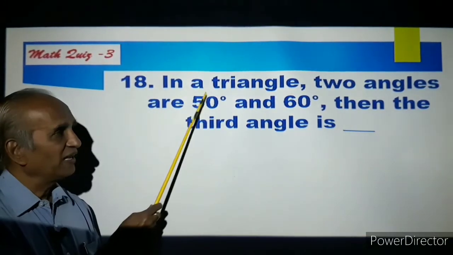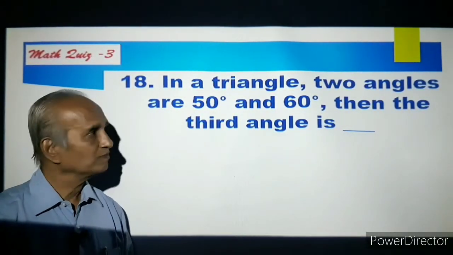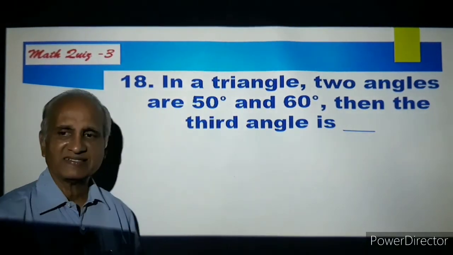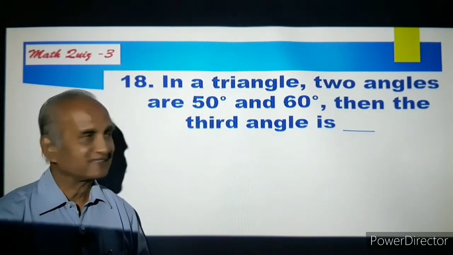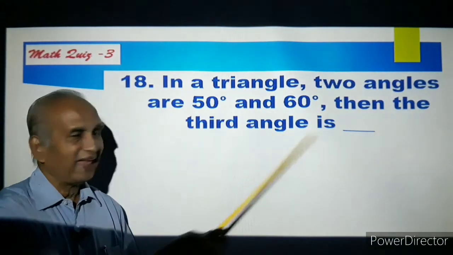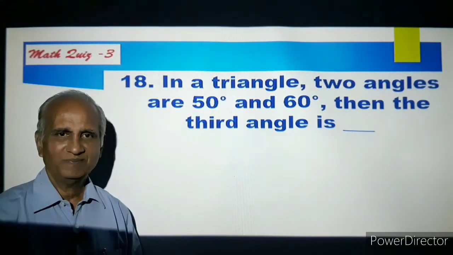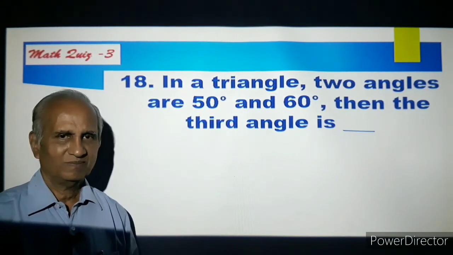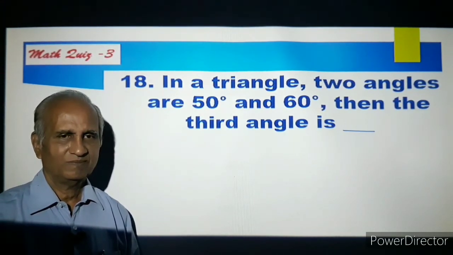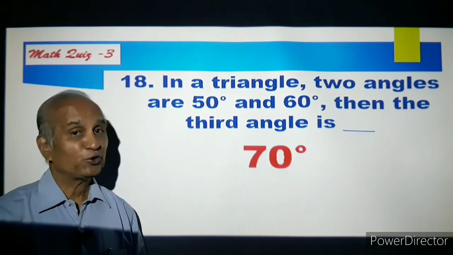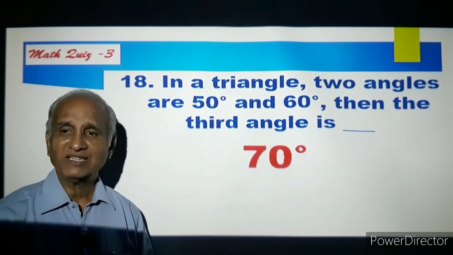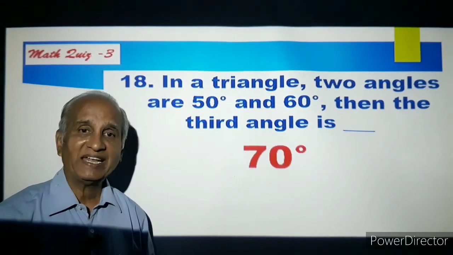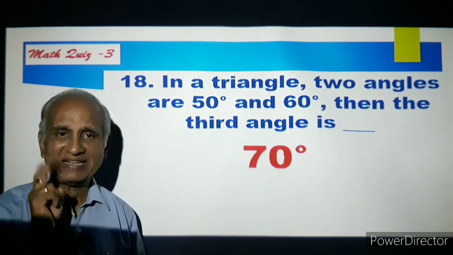18th question. In a triangle, two angles are 50 and 60 degrees. A triangle has 3 sides. Then the third angle is. Here, you should know well that the sum of the 3 angles of a triangle is 180 degrees. You know 2 angles.